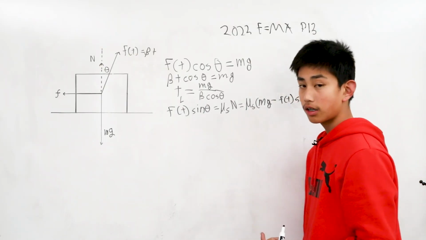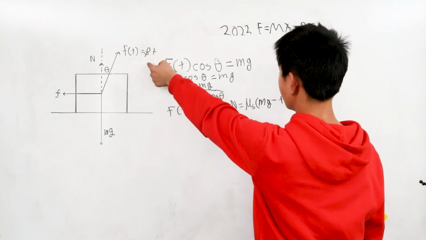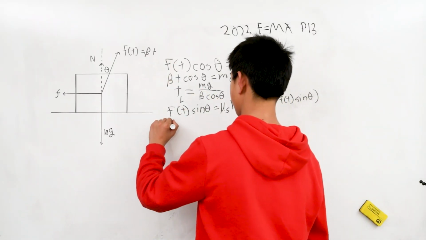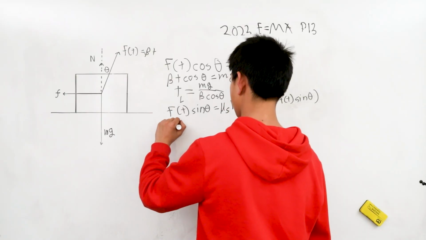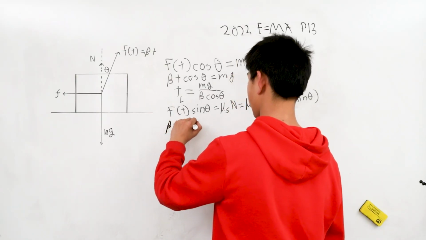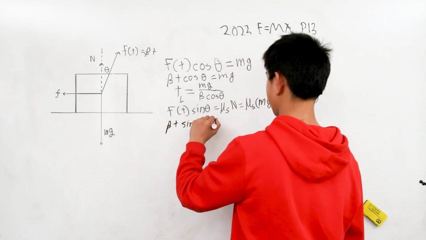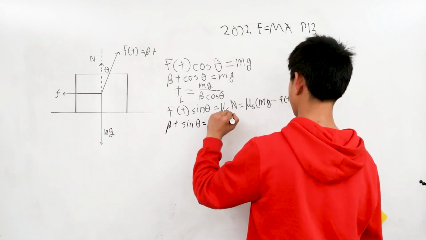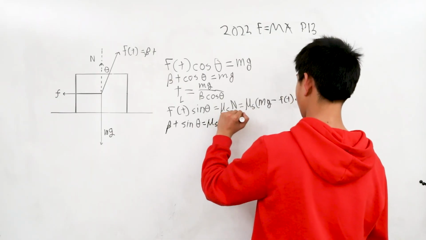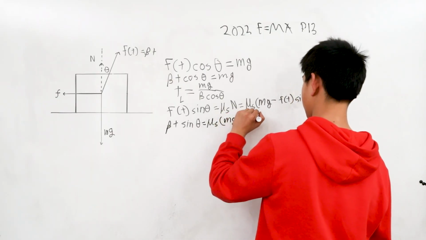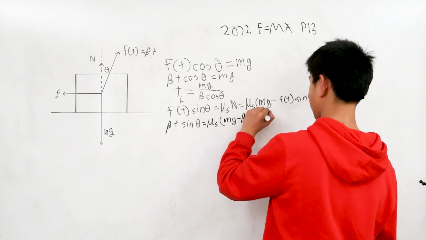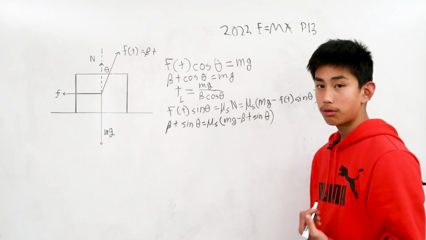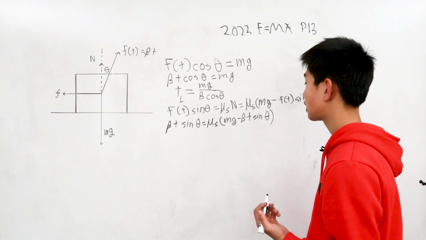We can then again plug F of t is equal to beta times time into this equation. So this is beta times time sine of theta is equal to mu of s times mg minus beta times time sine of theta. So now we want to make this as easy for us as possible.